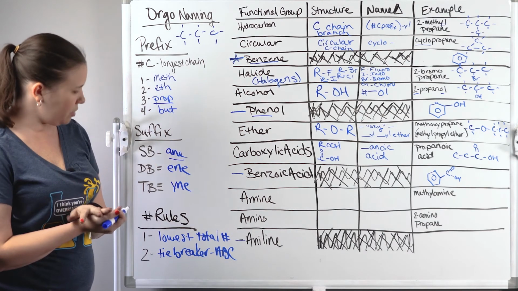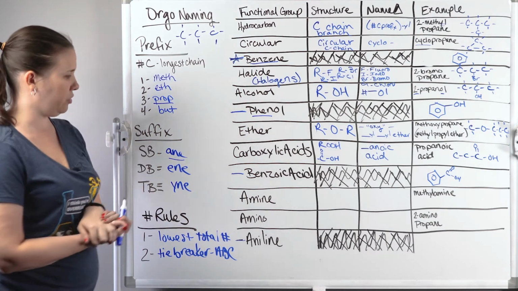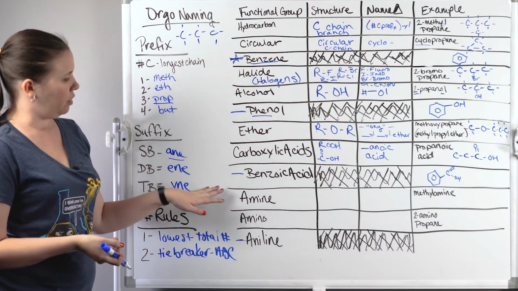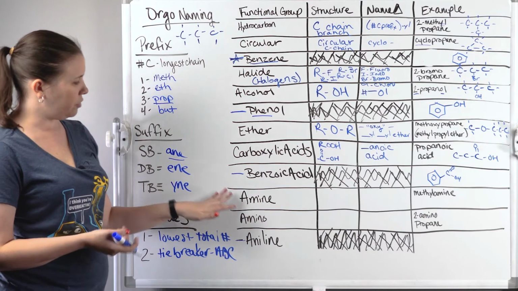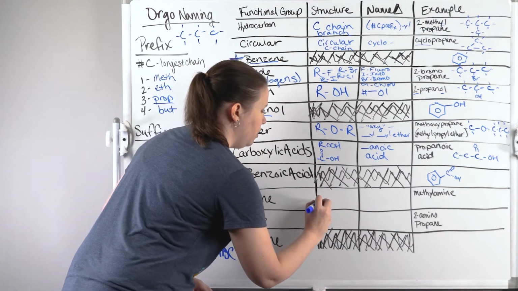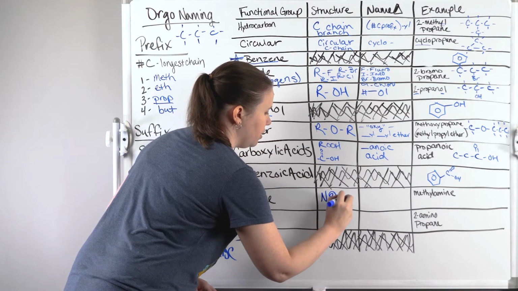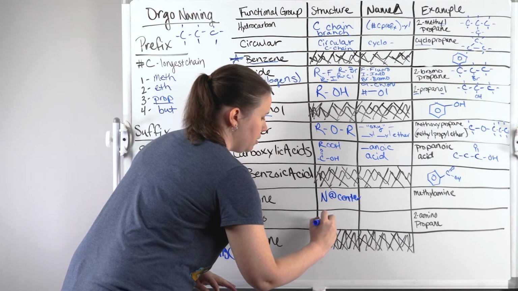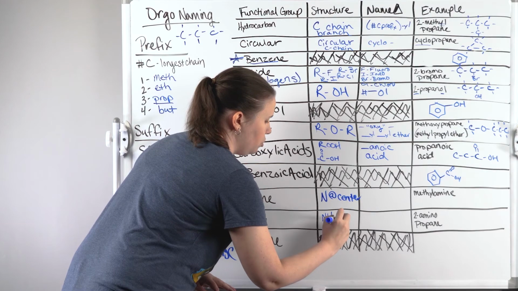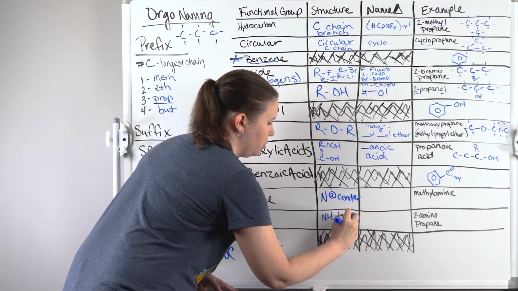All right, let's wrap this up with some nitrogen-based functional groups. So amine and amino are very similar. They're based on nitrogen. The difference is an amine is going to have nitrogen at the center, whereas the amino is going to have an NH2 branch.